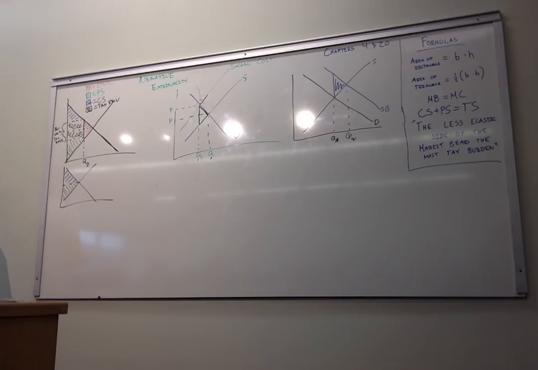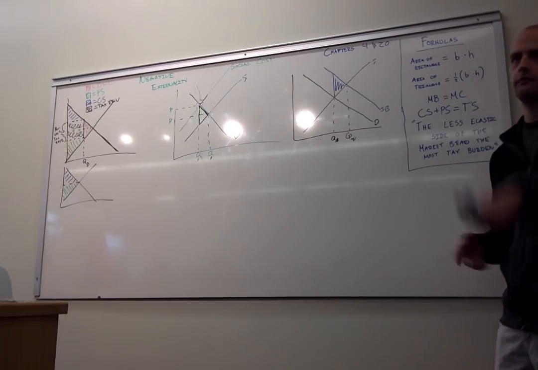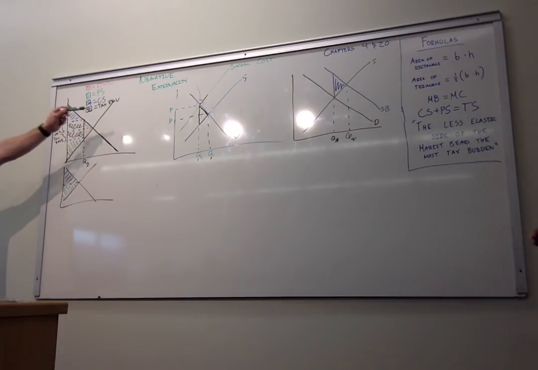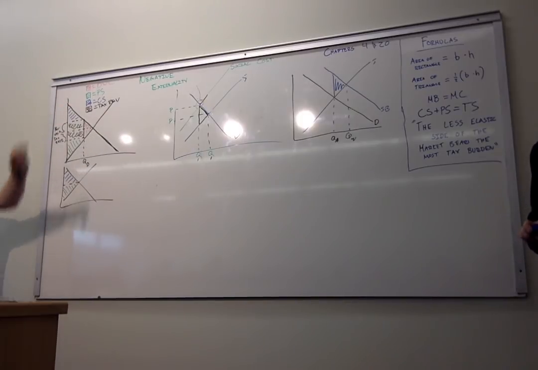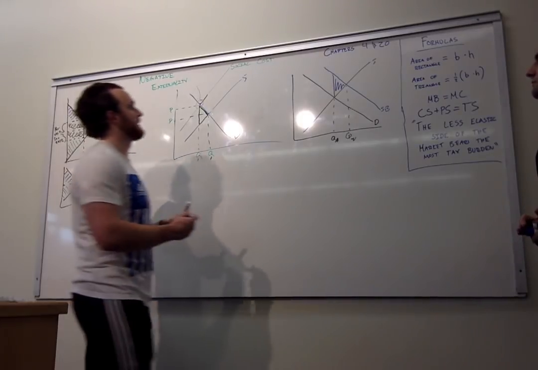That makes sense? So is the blue social benefit? Yes. Social cost is negative. Social benefit is positive.